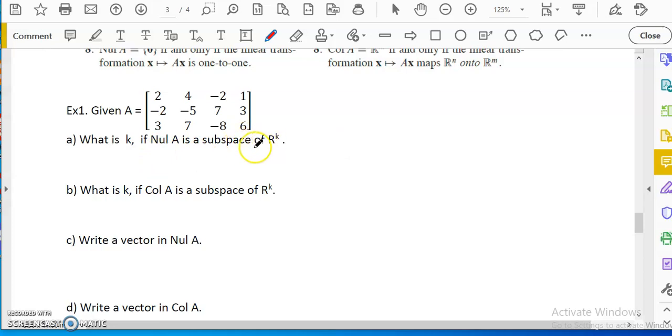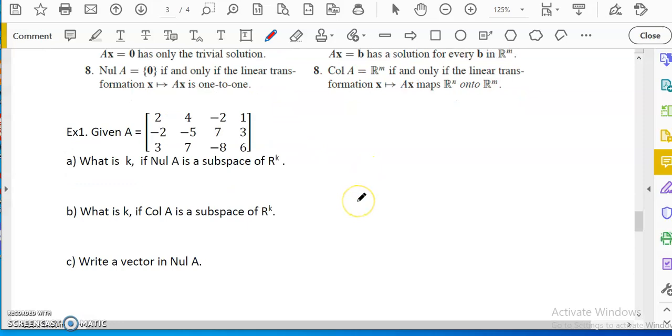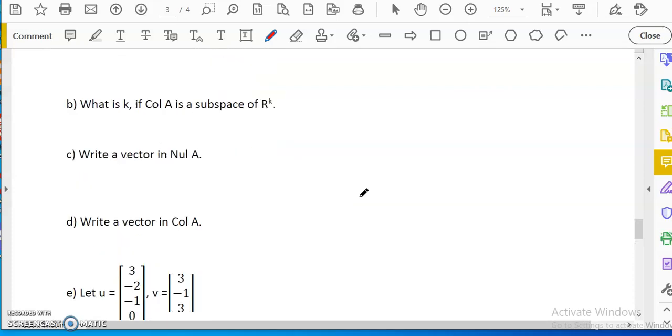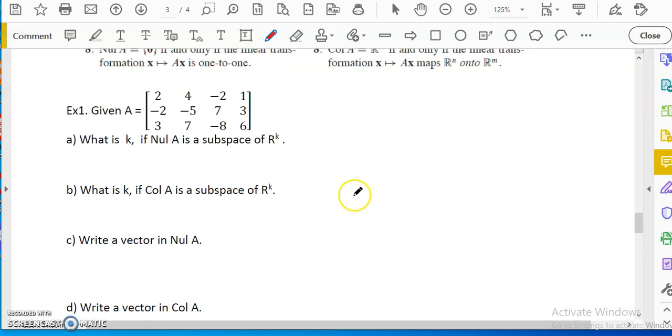In the next video, we'll talk about how to determine if a particular vector is in Null A, if a particular vector is in Col A, and also how to write vectors in Col A and Null A. So that would be the next video.